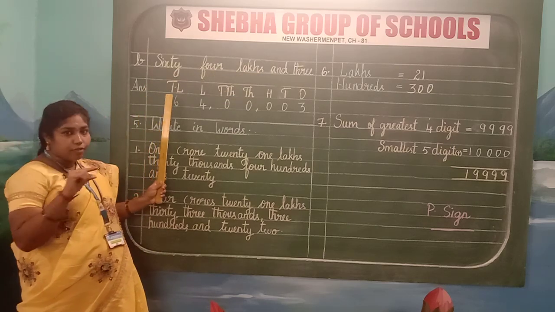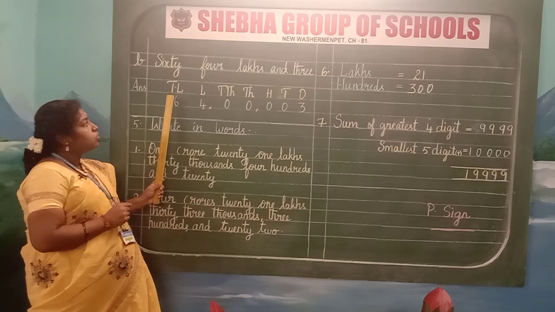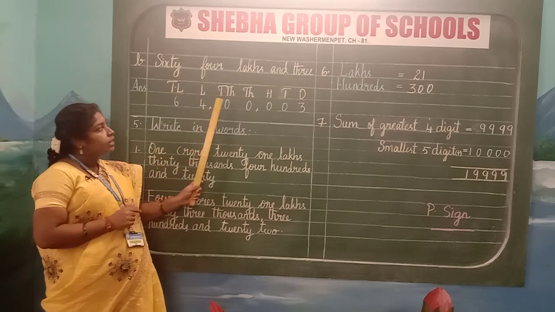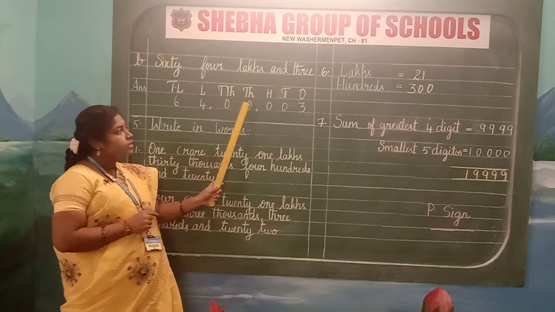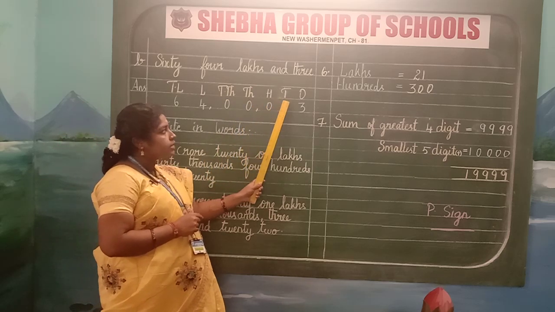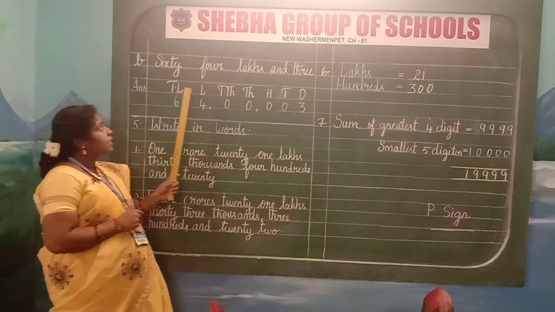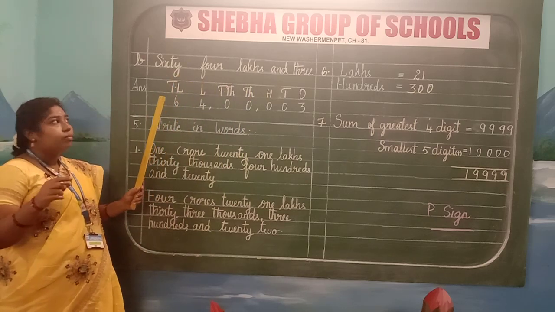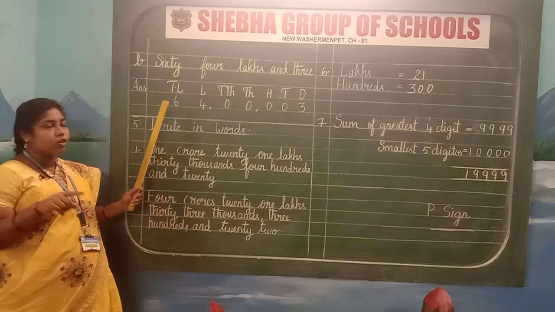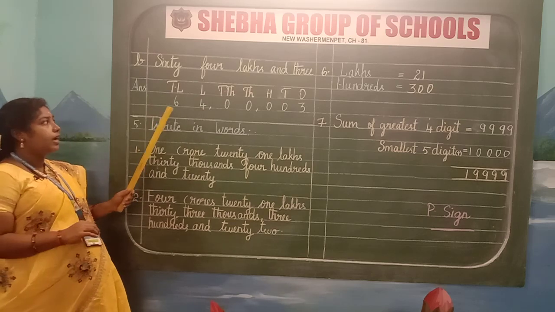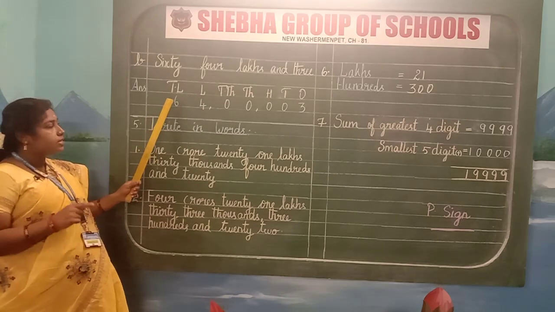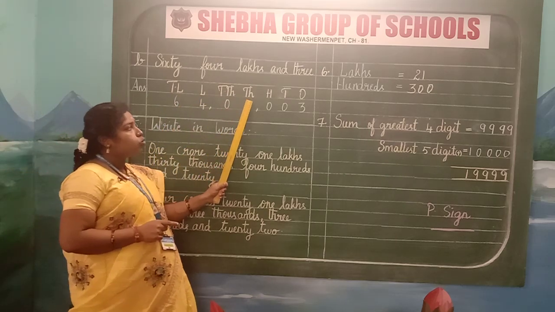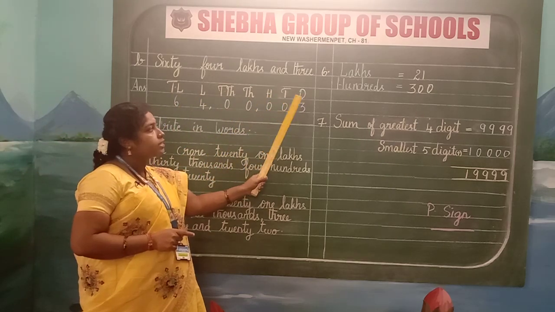So first we have to write the place values. So we start from 10 lakhs, lakhs, 10,000s, thousands, hundreds, tens, ones. Because here there is no crores value, we didn't write the crore here. The value is 0, so it is not necessary to write. So again I am repeating, we are starting from 10 lakhs, lakhs, 10,000s, thousands, hundreds, tens, ones.